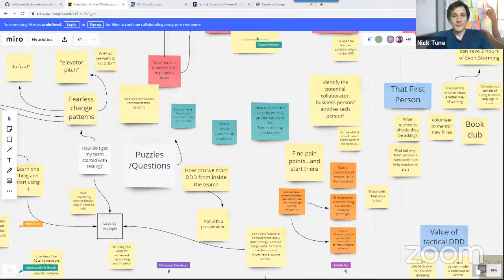And anyway, the more you do event storming, the more you meet other people who do it in a different way to you. And the more you realize there are just billions of ways you can do an event storming session. It's not simple, and there's no right way. The more you learn it and practice it, the more benefit you can get from it. And it's really not simple.